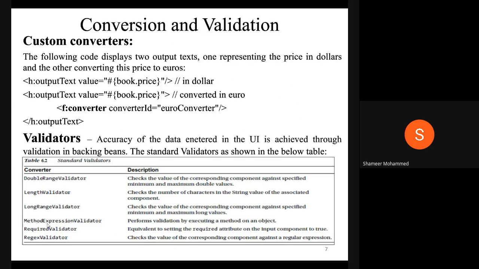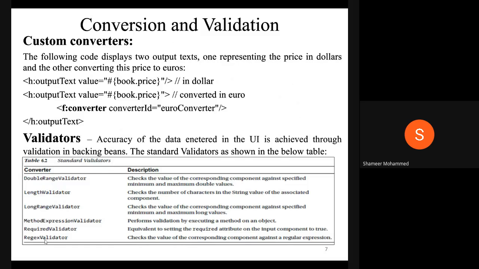And here, method expression validator validates forms by executing a method on the object. This one, required validator: you must enter the data for that text box, which means you have to use this type of validator. Next one is regular expression validator, regex. Suppose for email, you know our email ends with cas.edu.om.